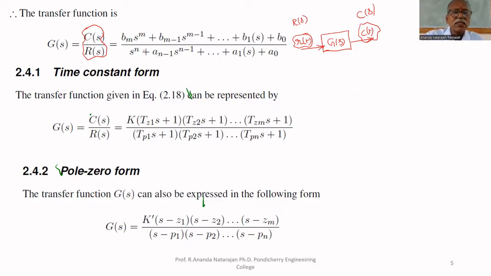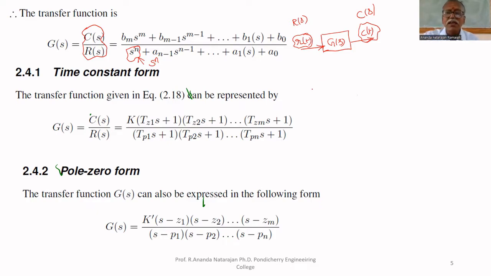Here you can notice that the denominator degree of the transfer function is n. It means the system is nth order system.